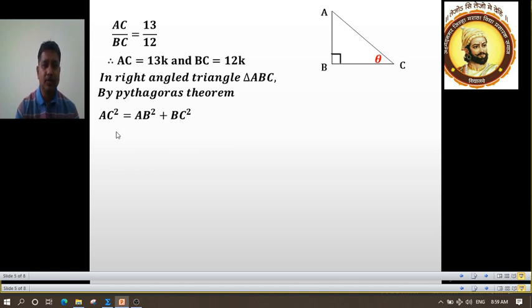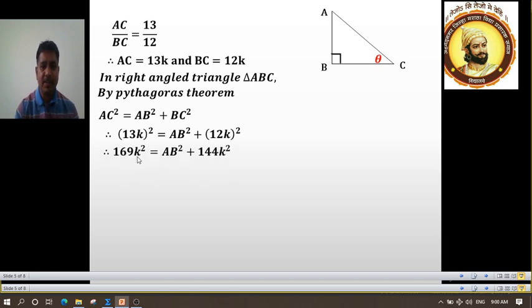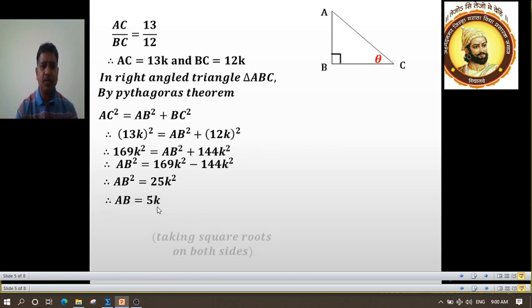Now substituting the values, AC is 13K, so (13K) square is equal to AB square plus (12K) square, as BC is 12K. Now square of 13K is 169K square, equal to AB square plus 144K square. Therefore AB square is equal to 169K square minus 144K square, so AB square is equal to 25K square. Now taking square root on both sides, we have AB is equal to 5K.